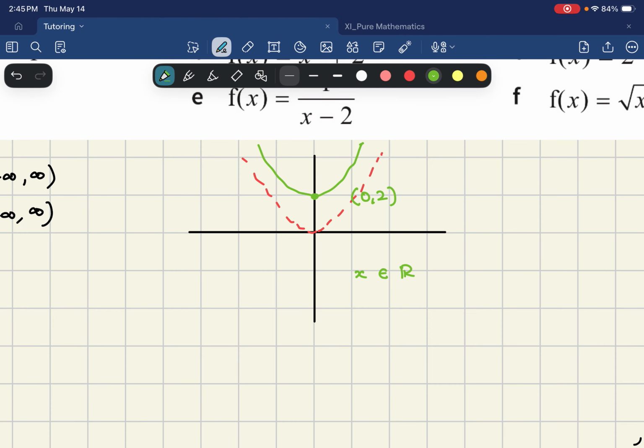You're going to get an output. But your range is always going to be bigger than or equal to 2. Your minimum point is 0, 2. So your output is always going to be bigger than or equal to 2. So this is your domain, and this is your range. All right.